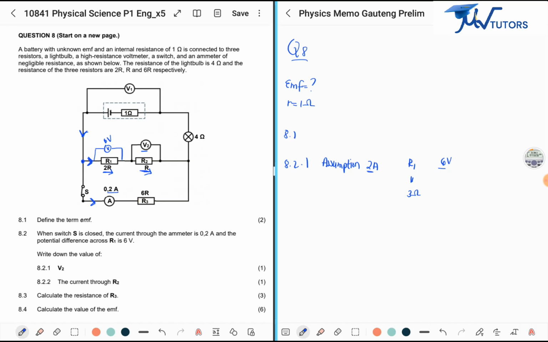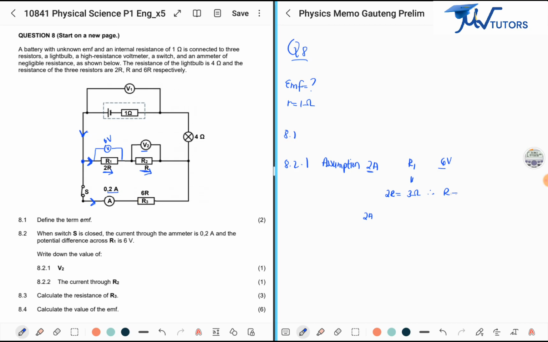Now when it passes through R2, we still have the same 2 amperes passing through. Initially we had 2R, which would be equal to 3 ohm.